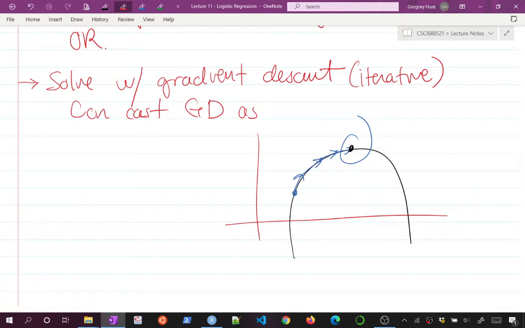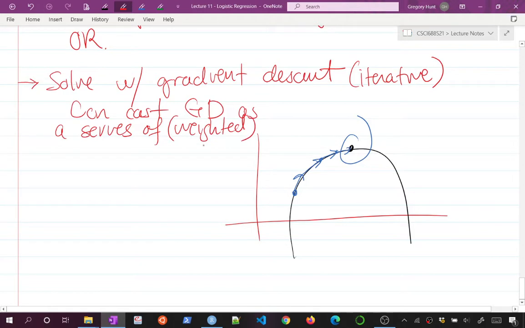However, there's kind of a more interesting statistical way. So an OR person would opt to solve with gradient descent. There's a more interesting statistical way of looking at this, which is you can cast gradient descent, which is this iterative procedure, as a series of weighted, and maybe we'll talk about weighted things later, weighted least squares regression, let's say.